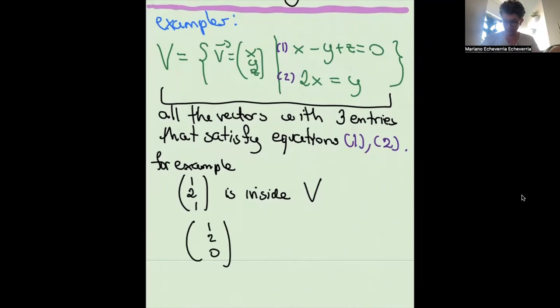But now the first equation is not satisfied, because if you do x minus y plus z, you get -1 and you don't get 0. So this one is not inside V, since equation 1 is not satisfied.